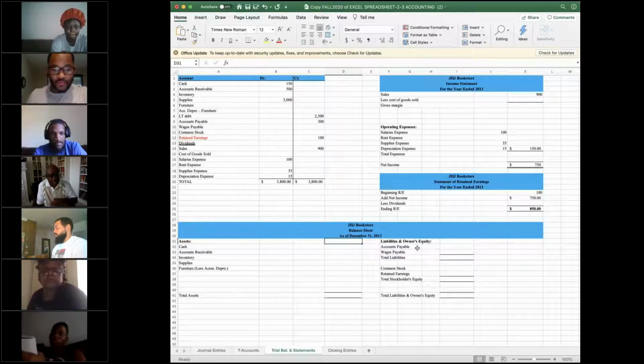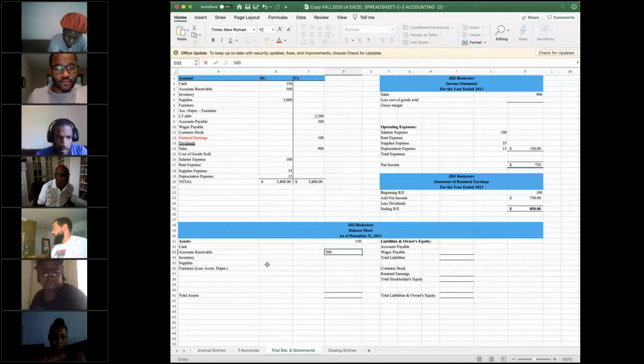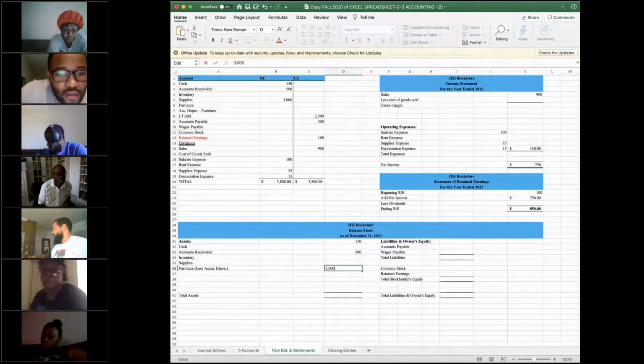How much cash might you have? 150. How much receivables? 500. And how much equipment, furniture, whatever this is? 3,000. What are your total assets?